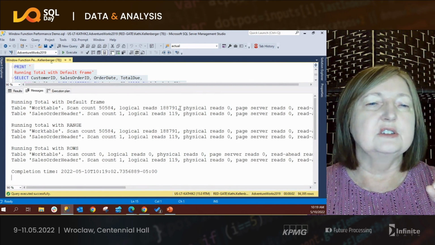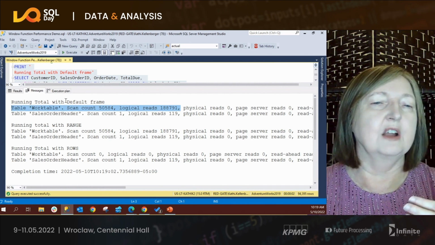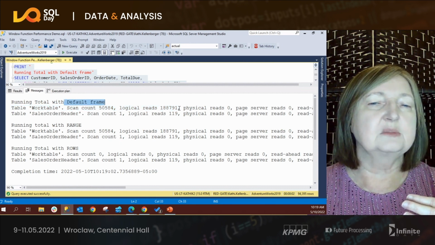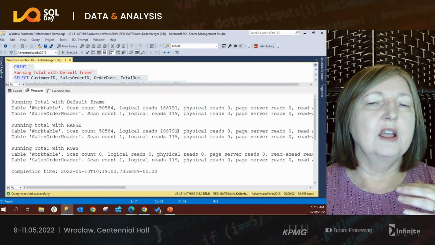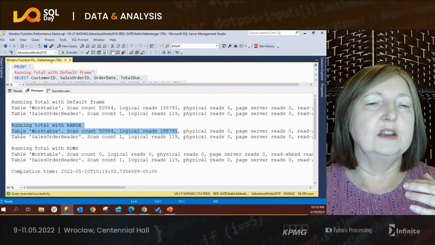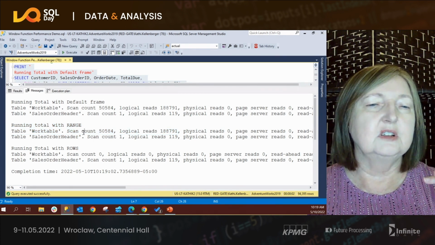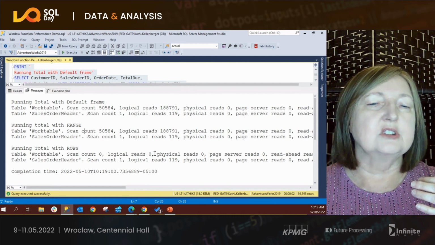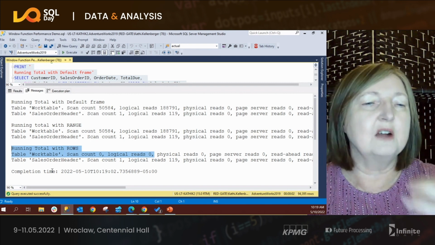So this is without the frame. I didn't specify it, so I got the default, not specified. Here's where I went ahead and typed out range just to show you that these were identical. Here's what it looks like whenever I type out the correct one, but I have to type it out.